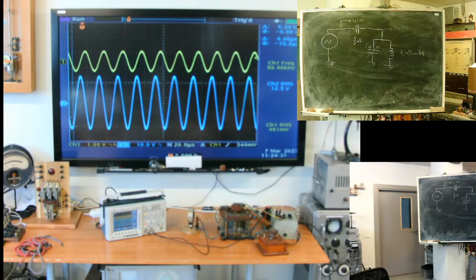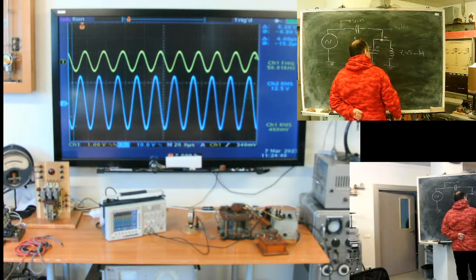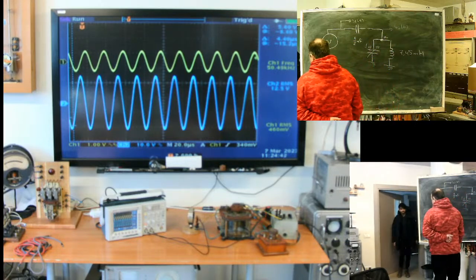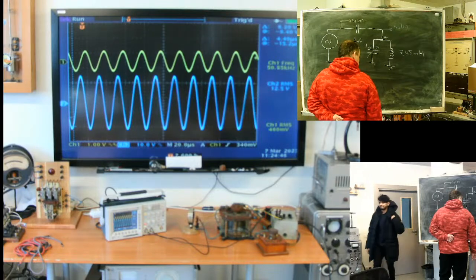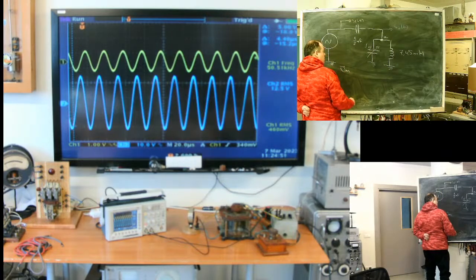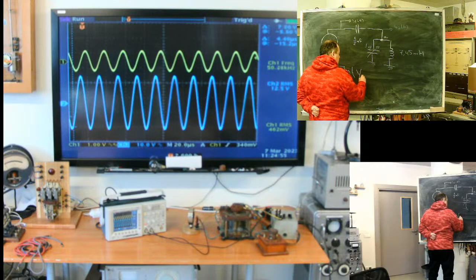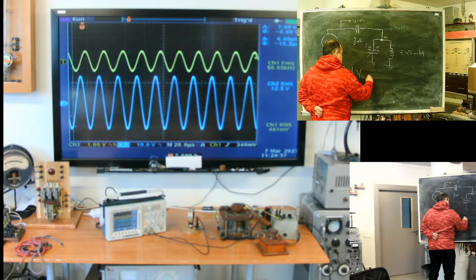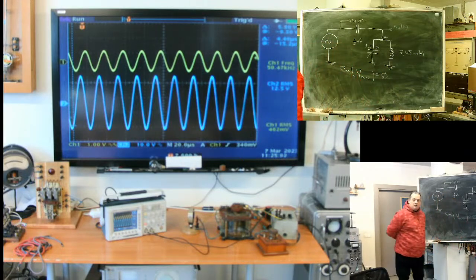Basics of electrotechnics. If this is point A, haven't you seen something like imaginary part of conductance at A equals 0, something like this? No?